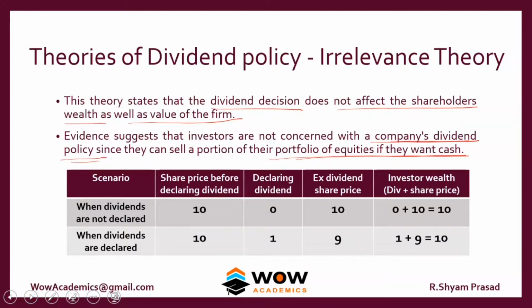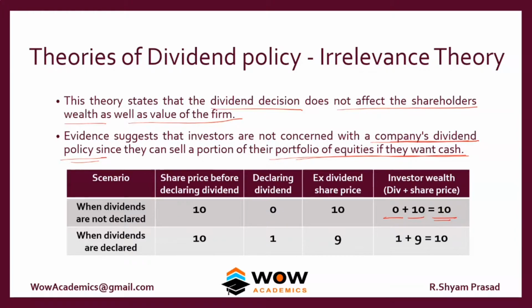How can he create a dividend policy? For example, you can see here, when dividends are not declared, the share price which a shareholder has is 10 rupees. Dividends are 0. As there is no dividend, the share price will also be constant. So the total worth of the shareholder's wealth is the dividend of 0 plus 10 of share price. So he will have the same 10 rupees of worth.